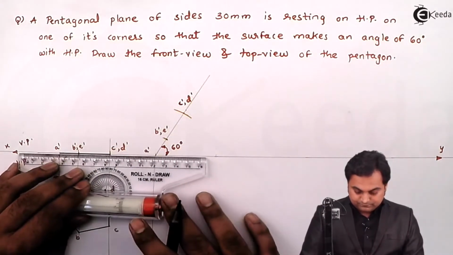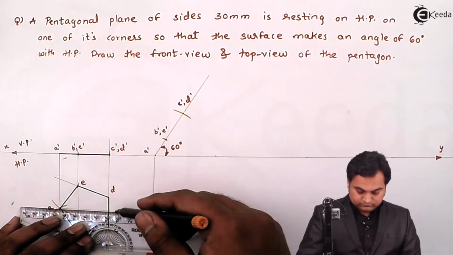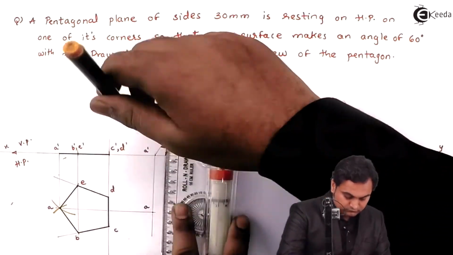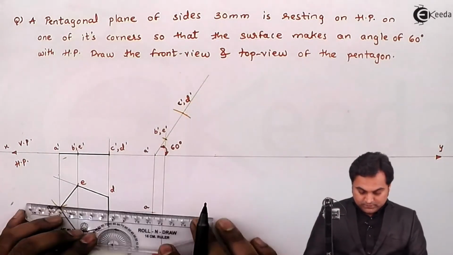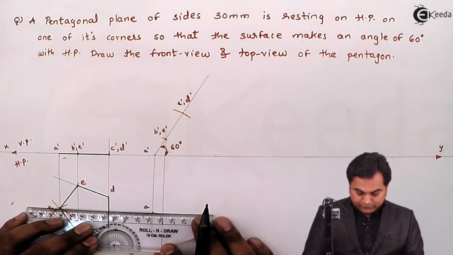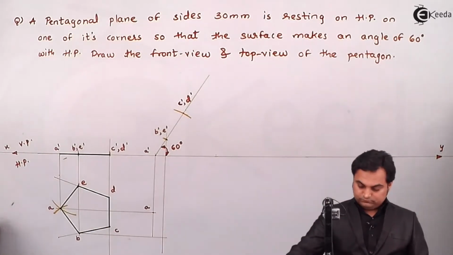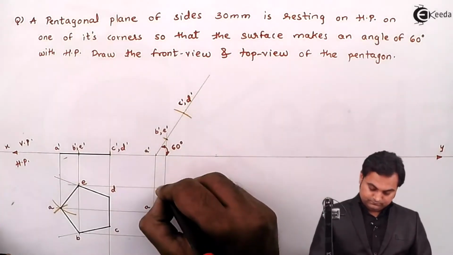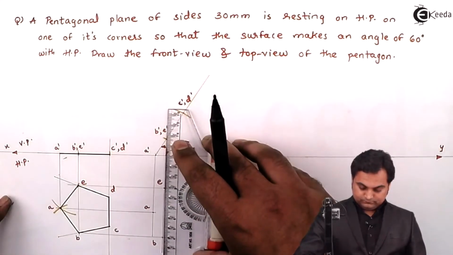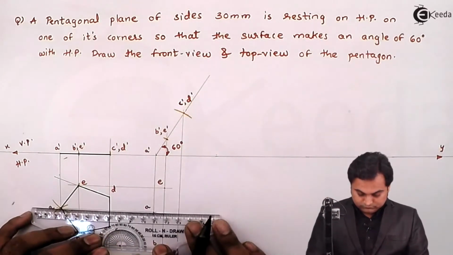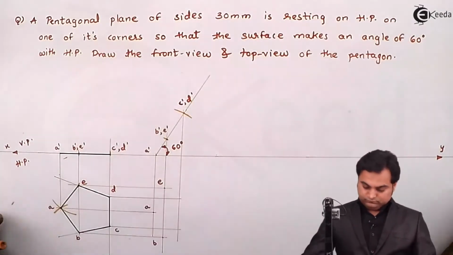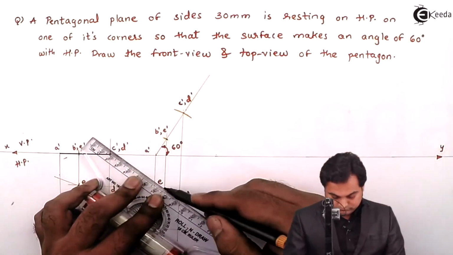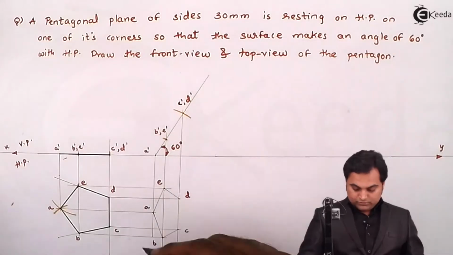A dash, point A. Then for B dash, E dash, here I am getting point B. For C and D, joining all the points.